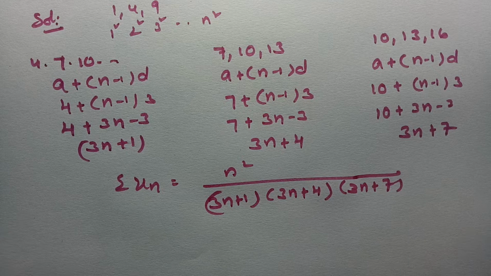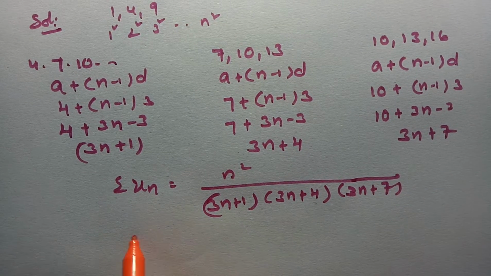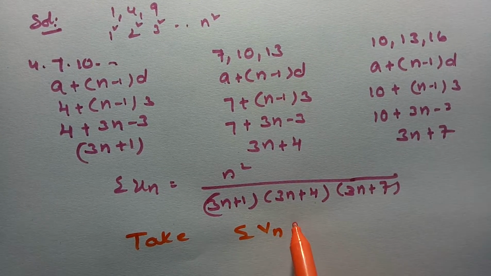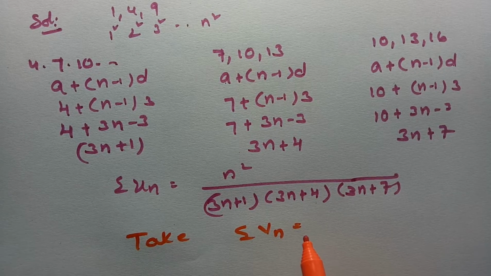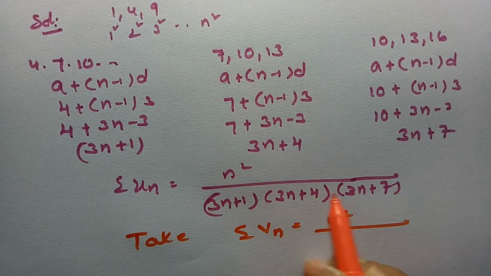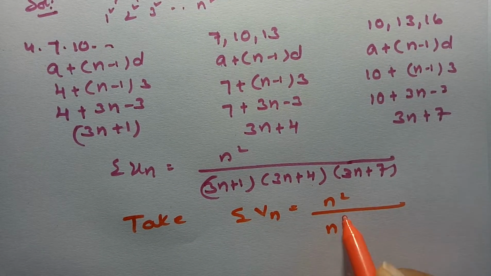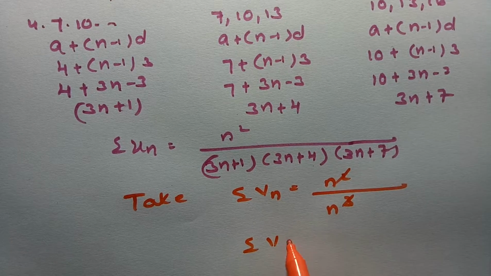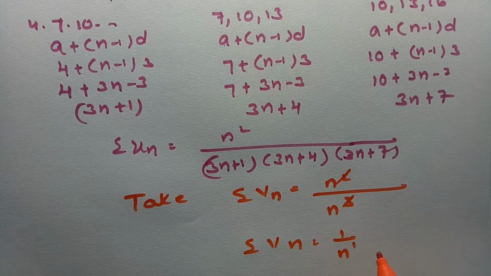For that, we have to take the series sigma vn. In the numerator there are 2 n's and in the denominator there are 3 n's. If I cancel, then sigma vn is equal to 1 by n power 1.